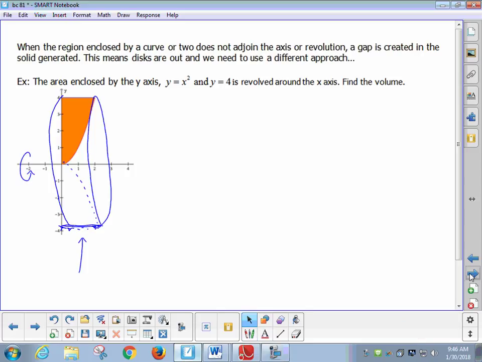When we did areas, we estimated area by rectangles. When we do volumes, we estimate volumes by revolved rectangles.